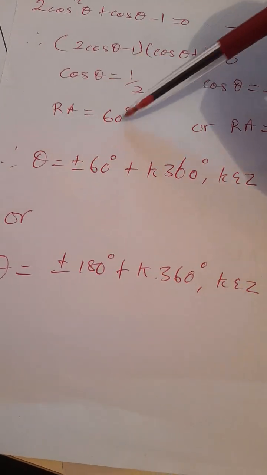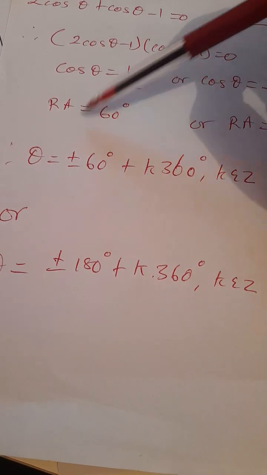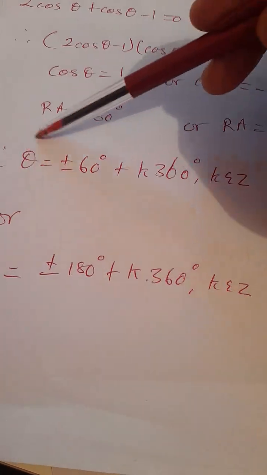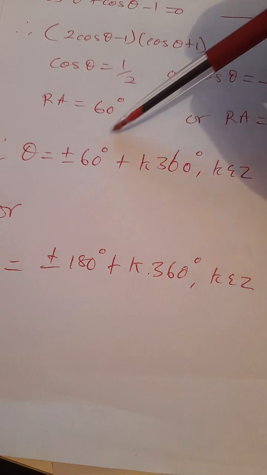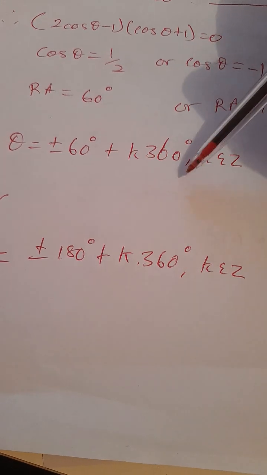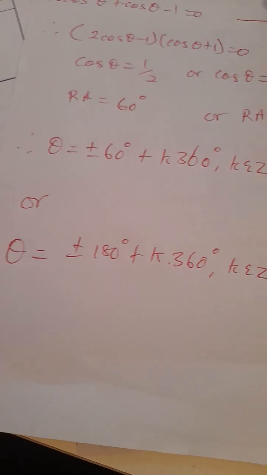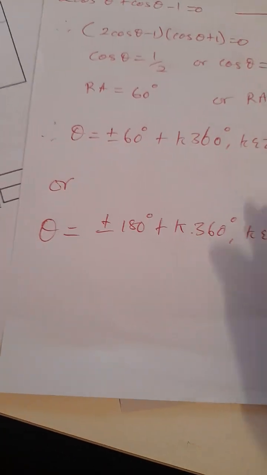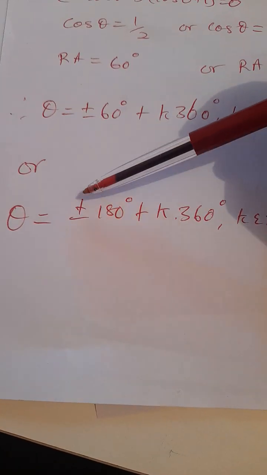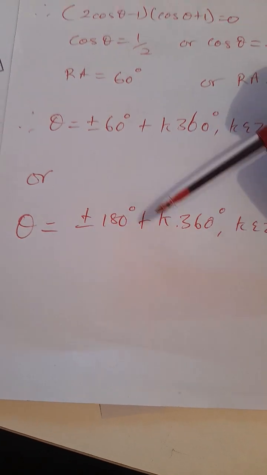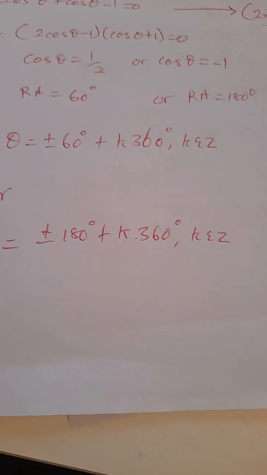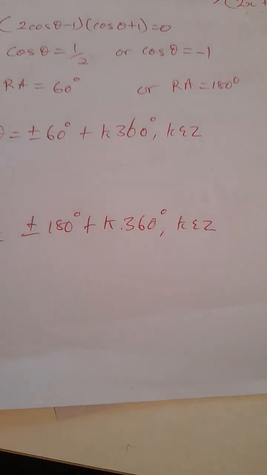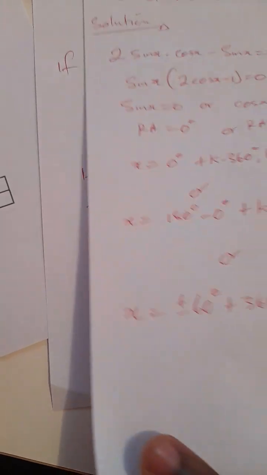So the general solution when your reference angle is 60 is theta equal to plus or minus 60 degrees plus k360, where k is an element of all integers. Or when you have that 180, theta is plus or minus 180 plus k360, where k is an element of all integers.